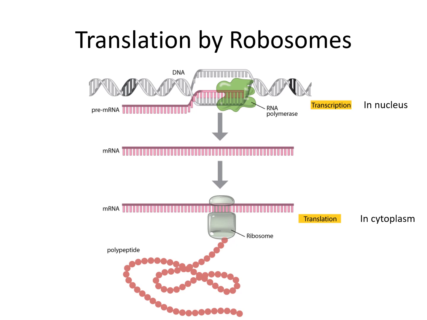So here is the gene expression from DNA to RNA to protein. So DNA in the nucleus, through transcription, produces the messenger RNA, mRNA.